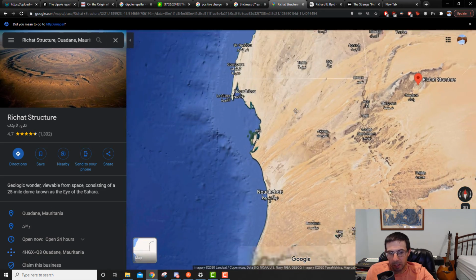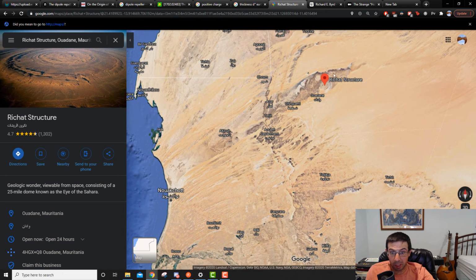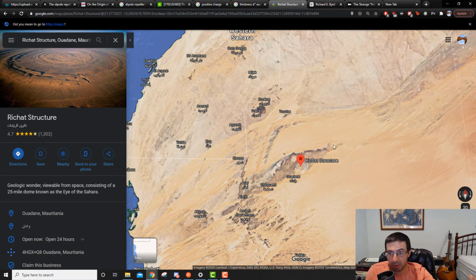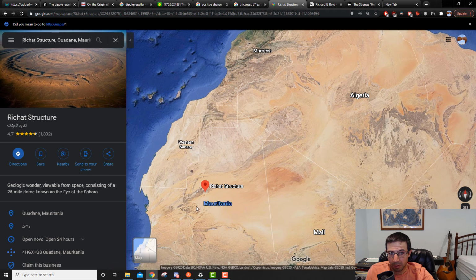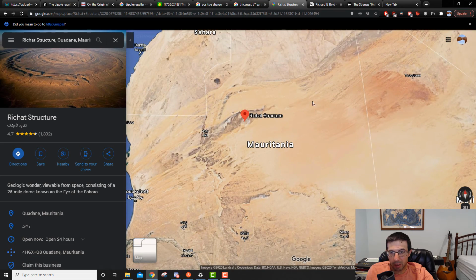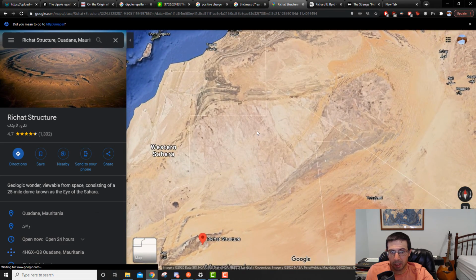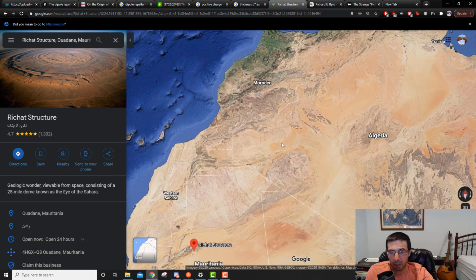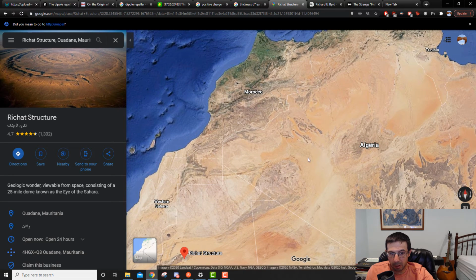As we can see around the Richat structure, there's all this flow of water that went through this region, like massive flooding. All this region around the Richat structure was flooded, as well as north in Morocco here, this area.